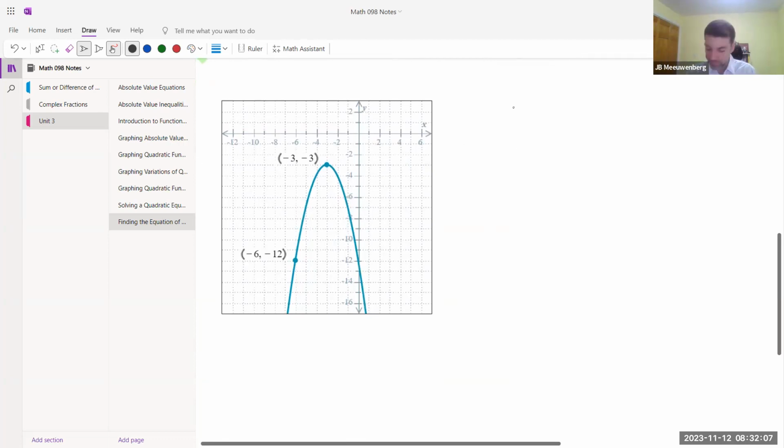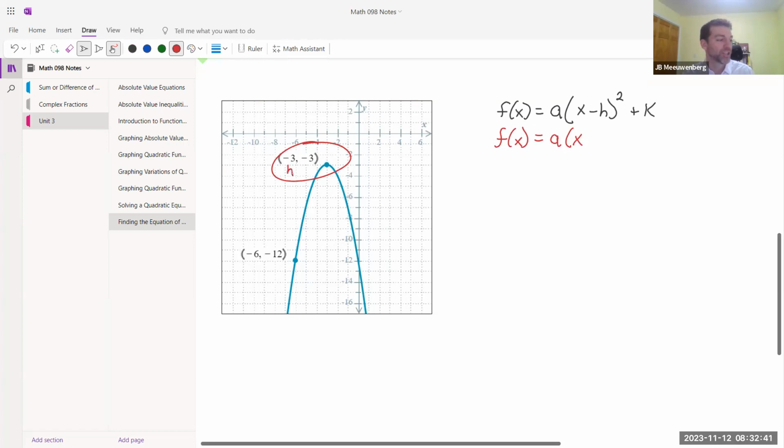I'll keep going. So we have our function notation, f of x equals, let's see, a vertex form, A, do you remember it? Times x minus h quantity squared plus k. What's the first thing we do? Start with the vertex. So f of x, I'm just going to leave it as f of x, is equal to A times x, okay, be careful here, minus h.